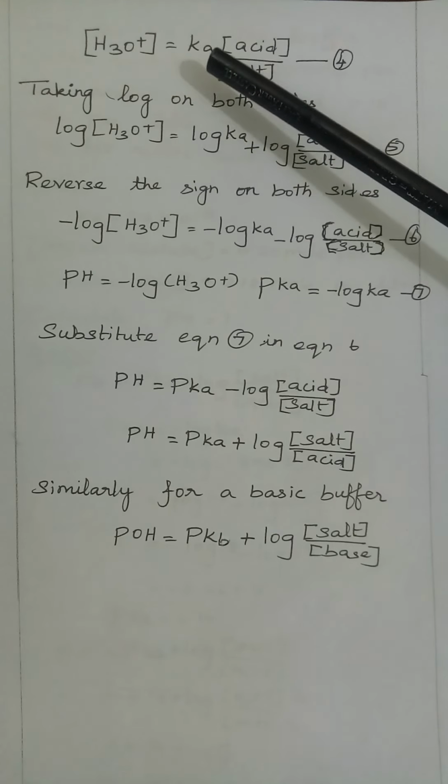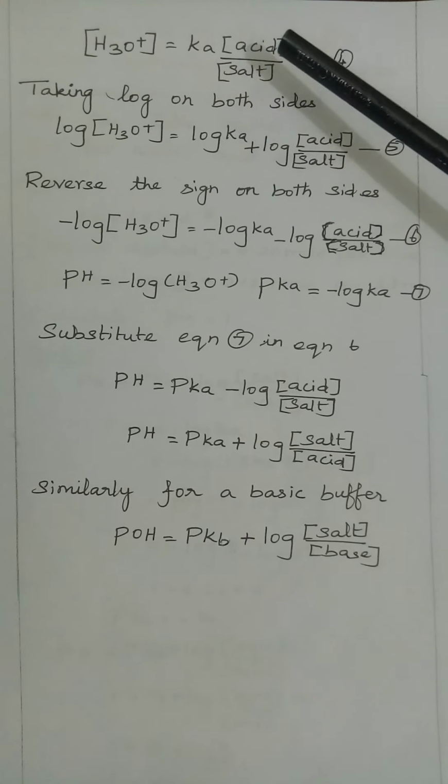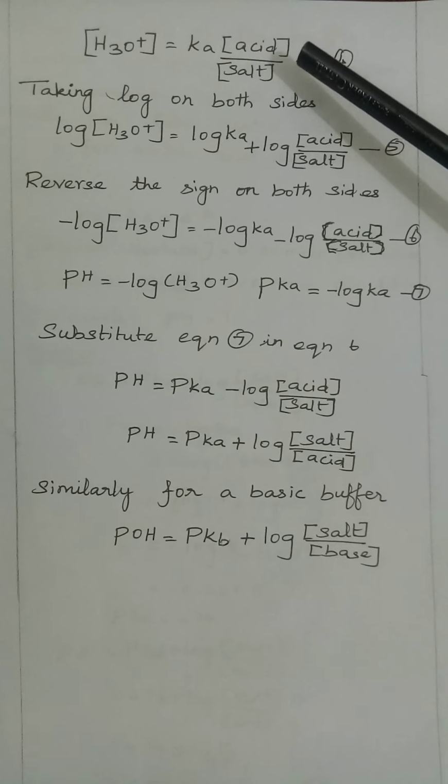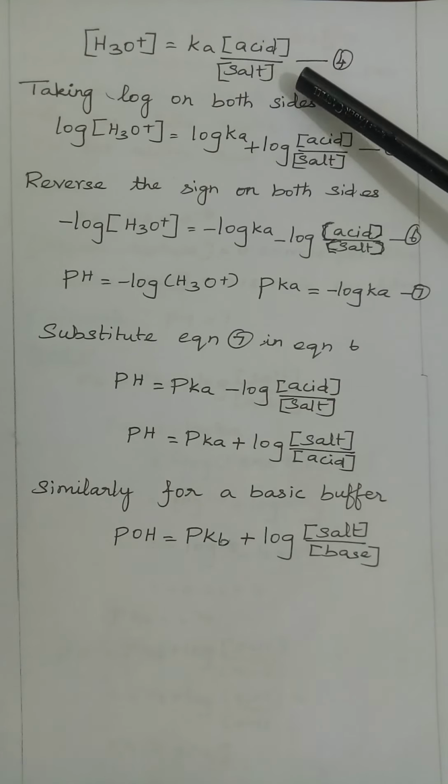H3O plus concentration is equal to Ka, acid concentration divided by salt concentration.